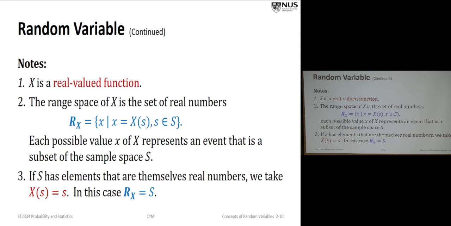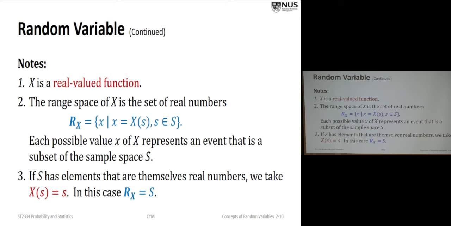X is a real-valued function, which means that the image has to be a real number. The examples that I gave you just now are integers, but it can be any real numbers, including fractions. So the range space of X is the set of real numbers such that you can find an image in the sample space.